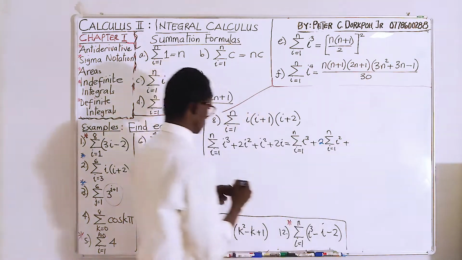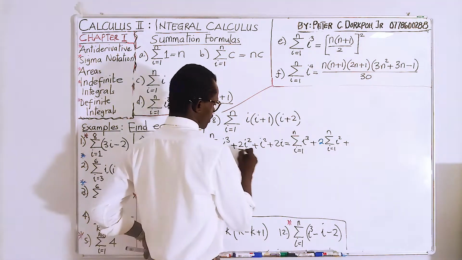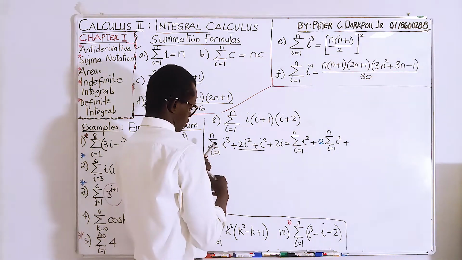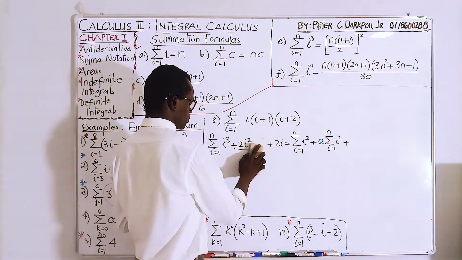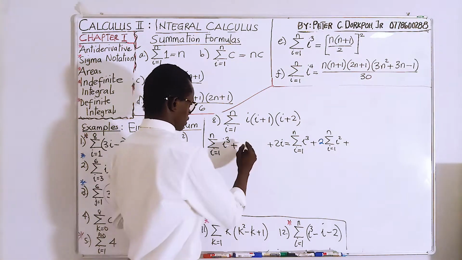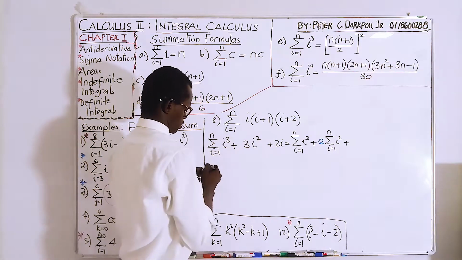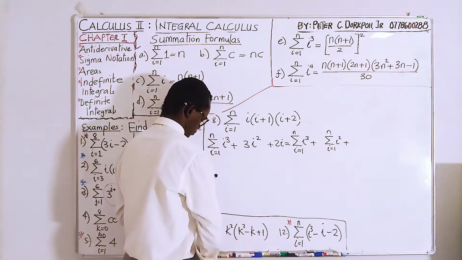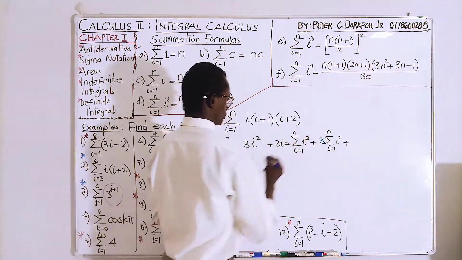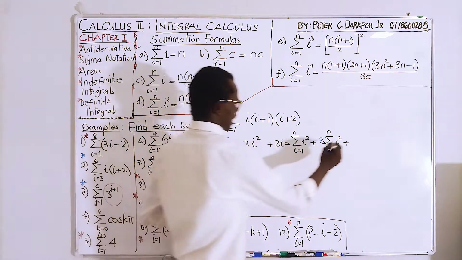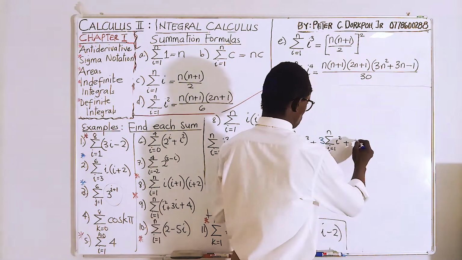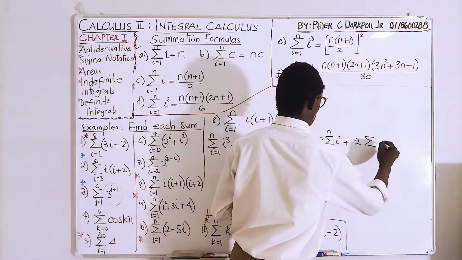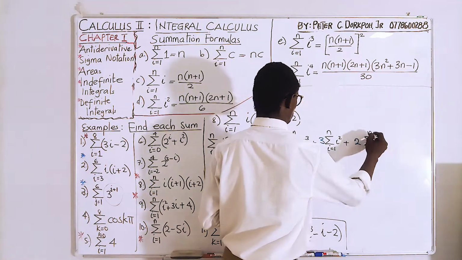Plus, now what will also happen between here? 2r squared plus r squared now just gives us 3r squared. So between here the sum could just be 3r squared. So instead of writing it twice, we just say 3r squared. Then plus, now we factor out the 2 also. 2 comes outside. So this now just gives us the summation of r as r goes from 1 to n.